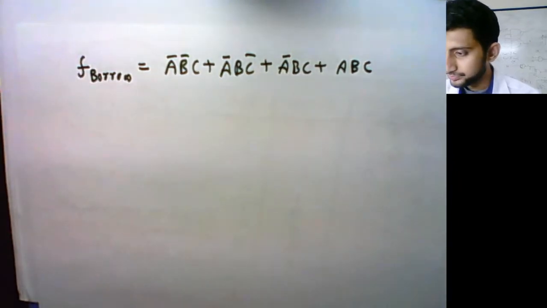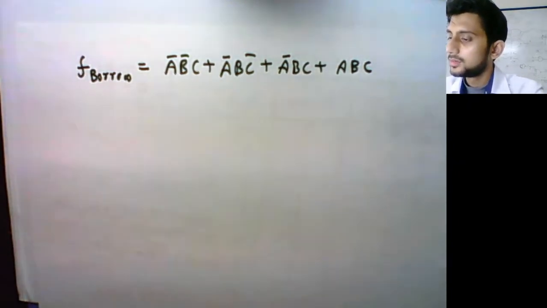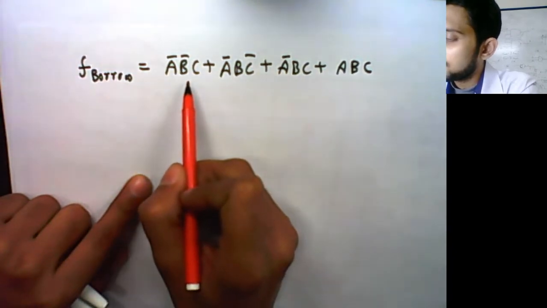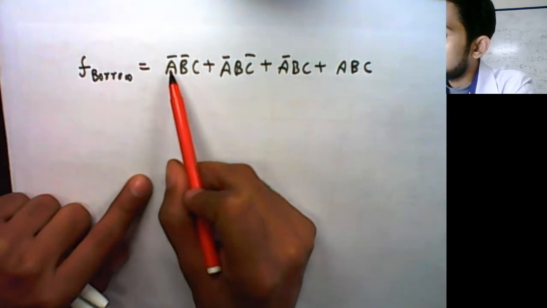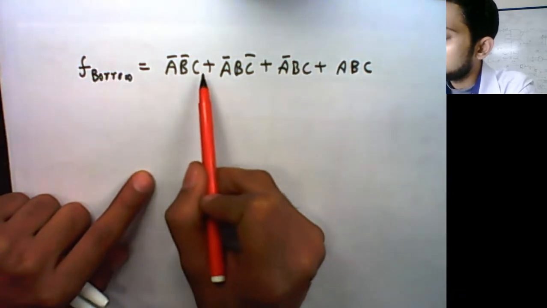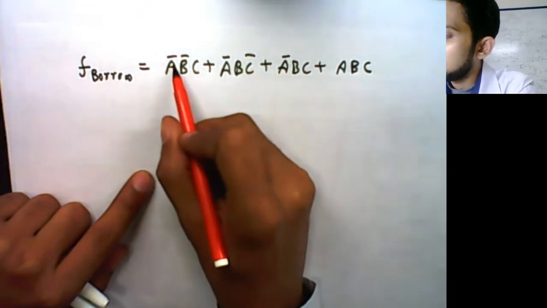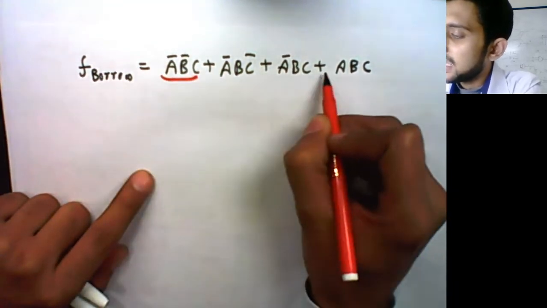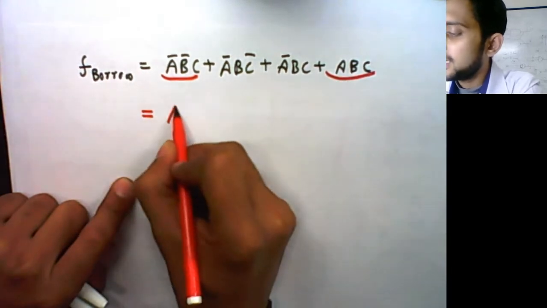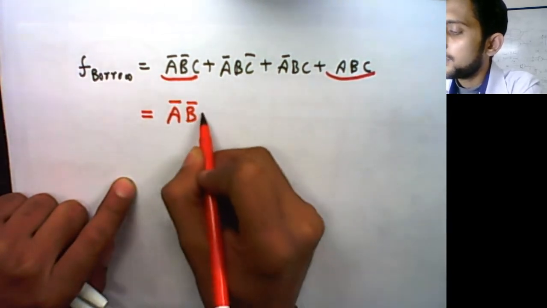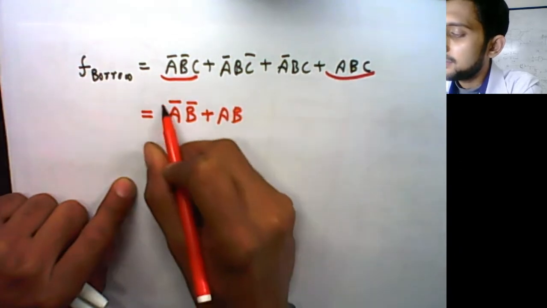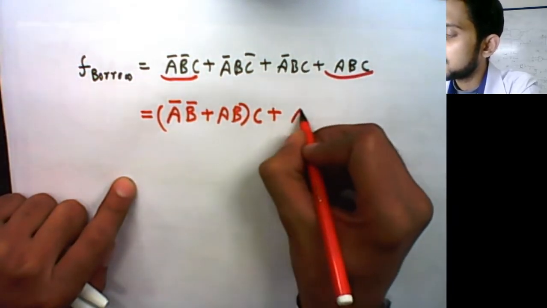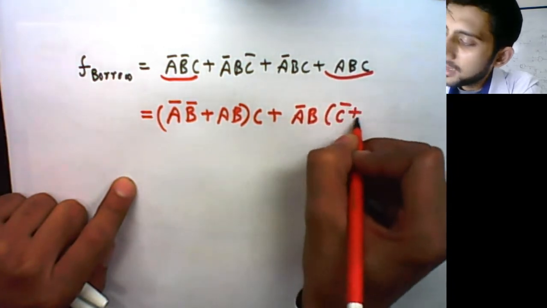Now from these, where we have a bar b bar and a b, we can take c common, and from the middle two you can simply write it as a bar b c bar plus c.